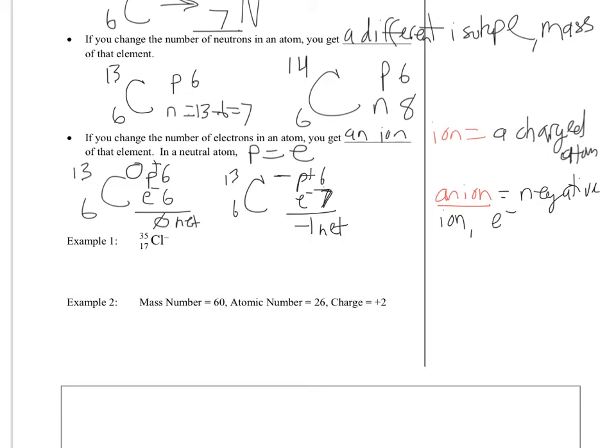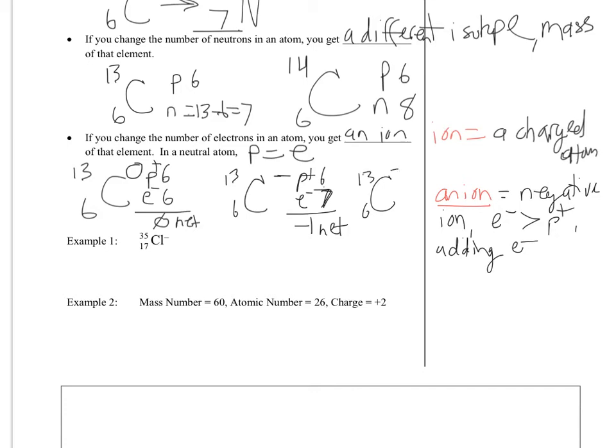The electrons are greater than the protons, right? You have more electrons than protons, and the way that you can get that is by adding electrons. Okay. Another kind of ion can be, let's say I had this carbon here.